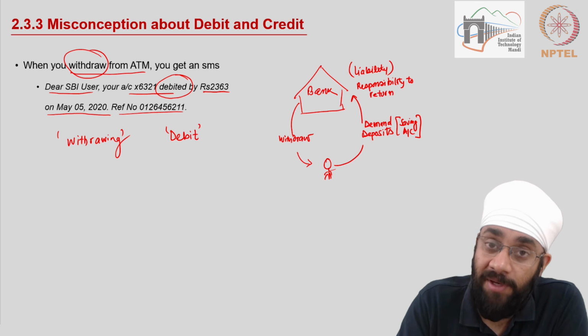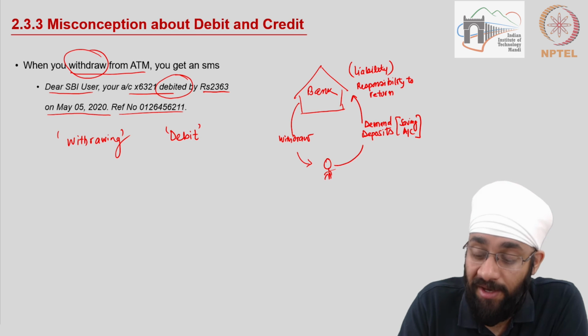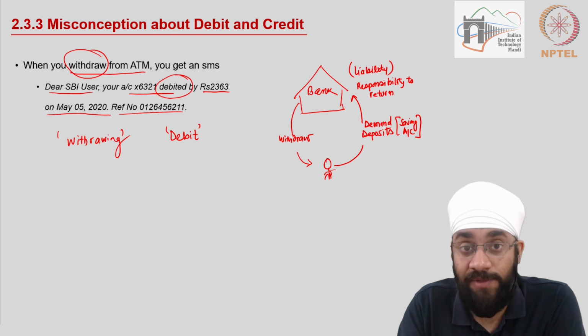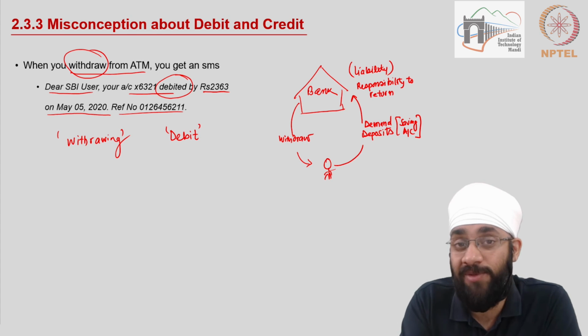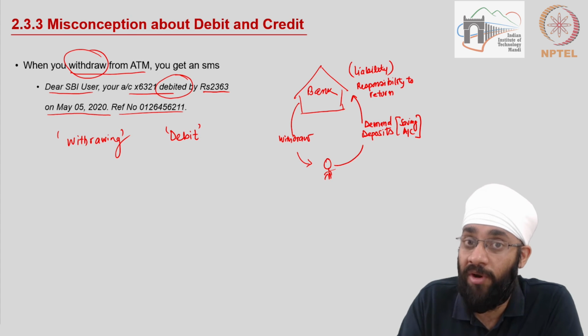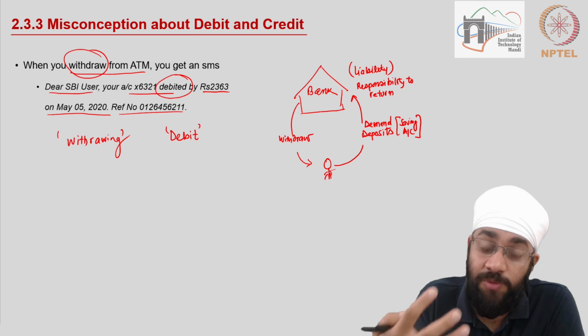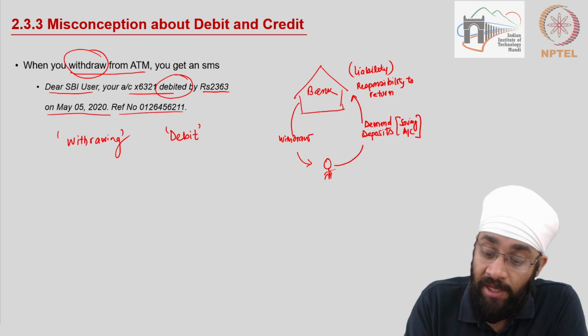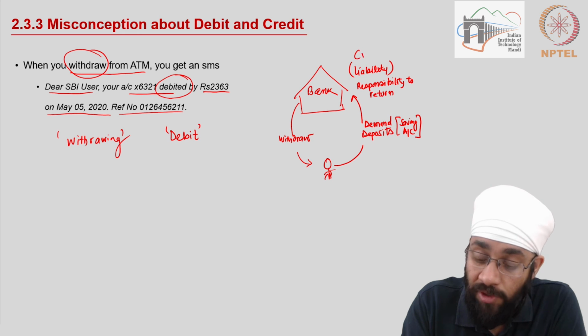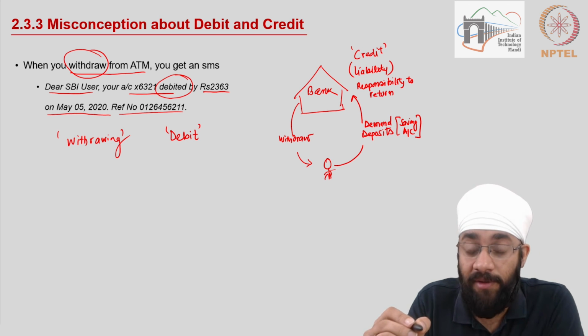Now, when you deposit money in the bank, liability gets created. So the bank says, hey, my claims are going down because the account holder's claims on the bank go up. When the account holder deposits money in the bank, the bank is responsible to maintain that money. Therefore, when you deposit money in the bank account, the bank says a credit.